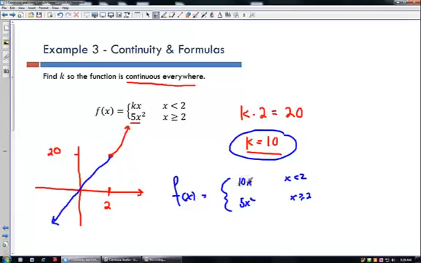So if I plug in 2, I need to get out 20 also. So the graphs match up. The blue graph has an open circle here because it's only true when less than 2, but the part down here, which we can color code, the red graph, is given by this 5x squared when x is greater than or equal to 2. They need to line up, and then it'll be continuous at that point.